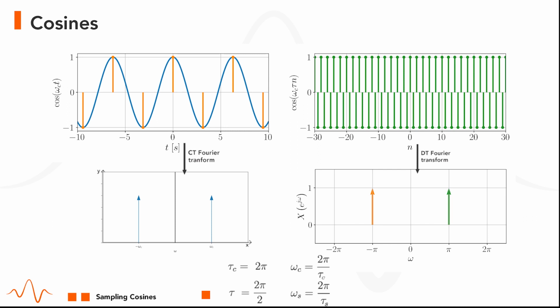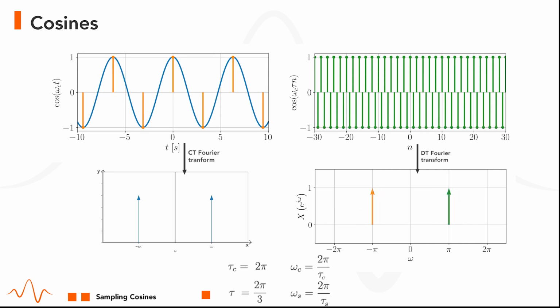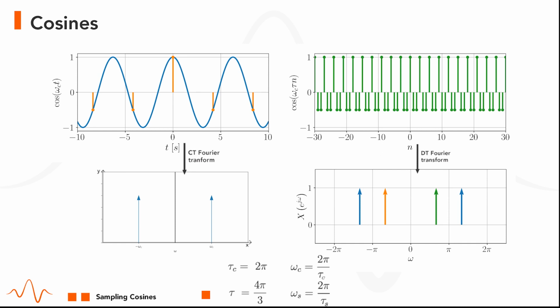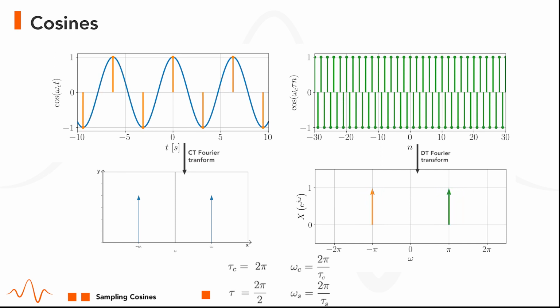The colors are only there for us to understand where these diracs result from. They play no role in the actual discrete time Fourier transform. So the discrete time Fourier transform for both sampled signals at 2 pi over 3 and 2 pi times 2 over 3 are exactly the same as well. And this must be the case because the time domain signals are the same.